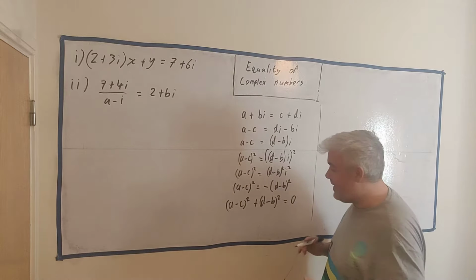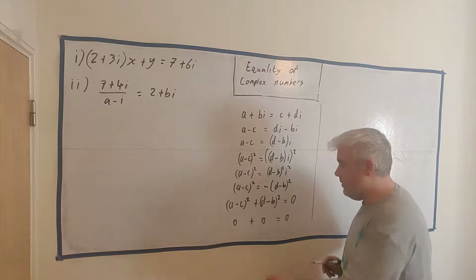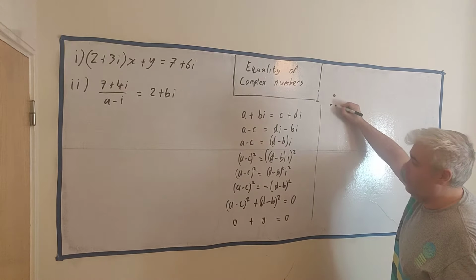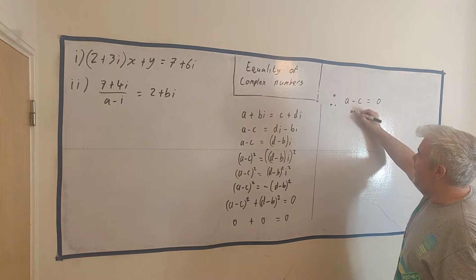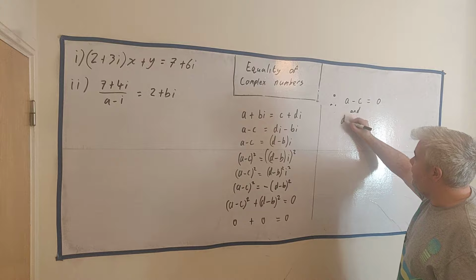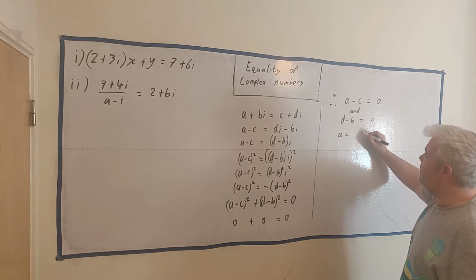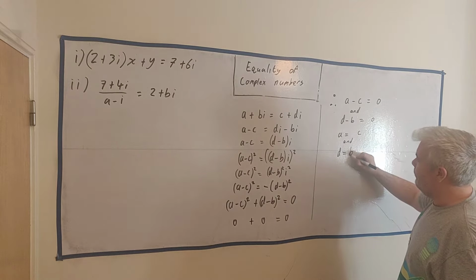Nothing exists except for 0 plus 0 equals 0. That's the only thing that could work here. Which means, therefore, a minus c must equal 0 and d minus b must equal 0. So a equals c and d equals b.